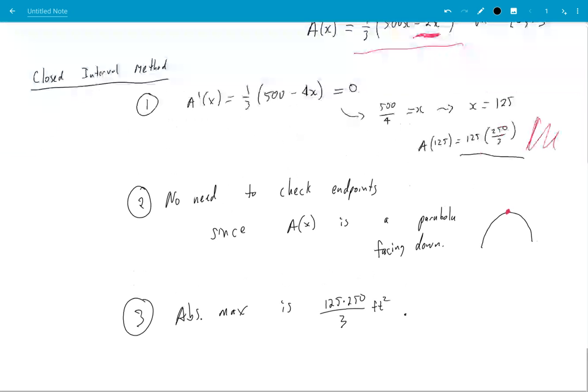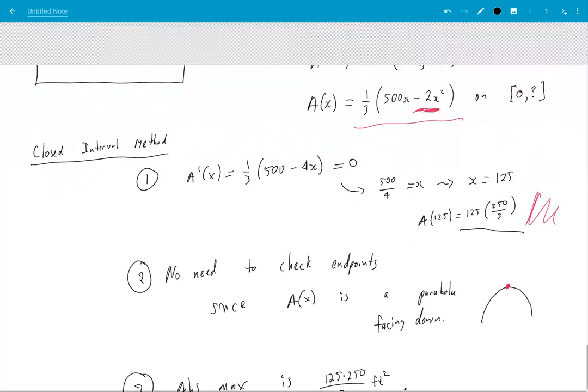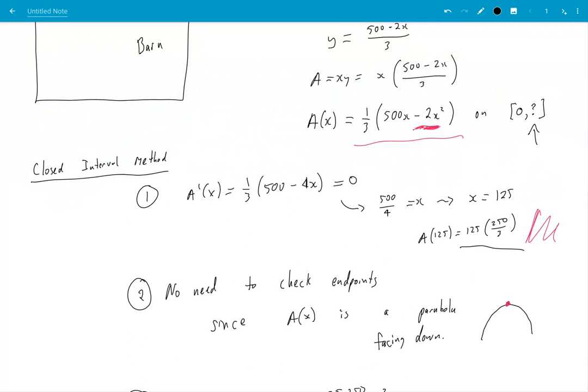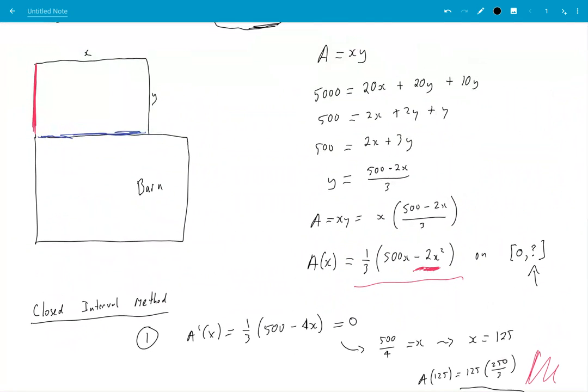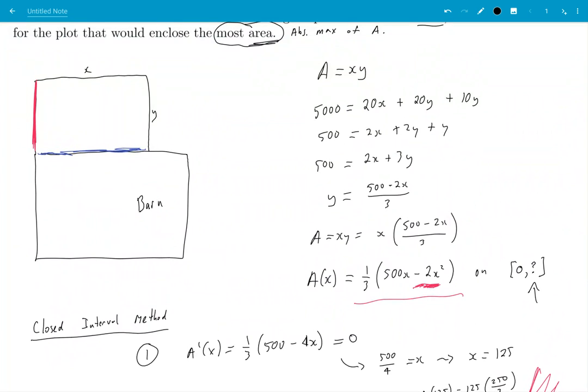Just as a technical point, if I wanted to find the endpoint here, my reasoning would be something like, okay, how large could x be? This is getting a bit abstract here. So if I'm looking at this diagram, you could have y equal to 0, right? So you can have 5,000 is just all x.